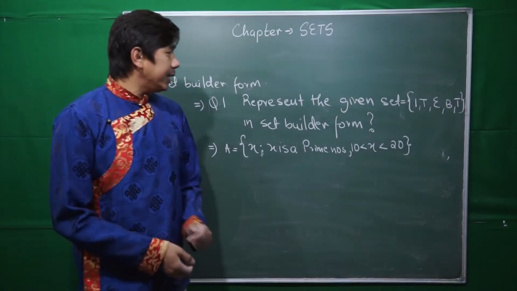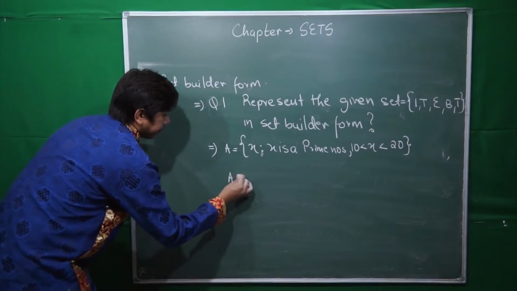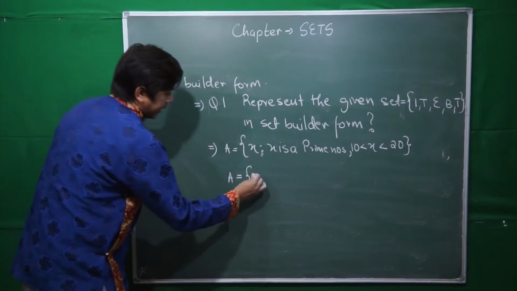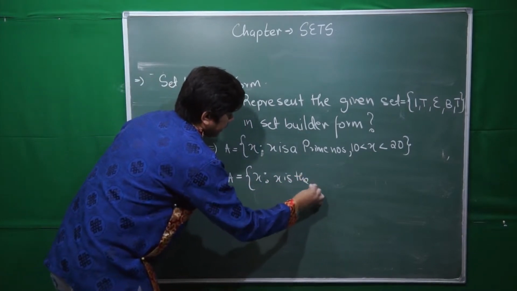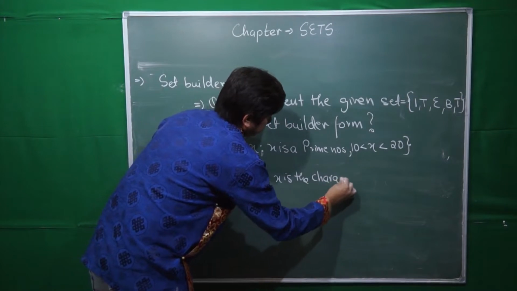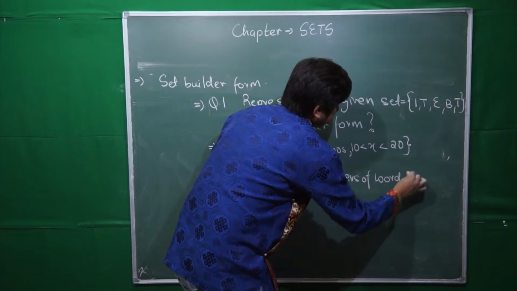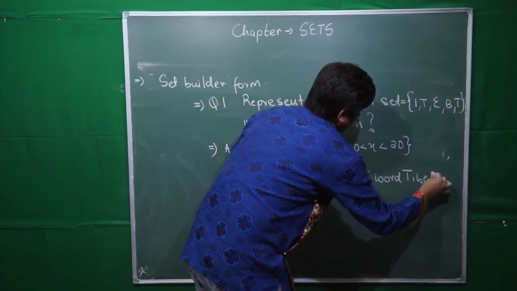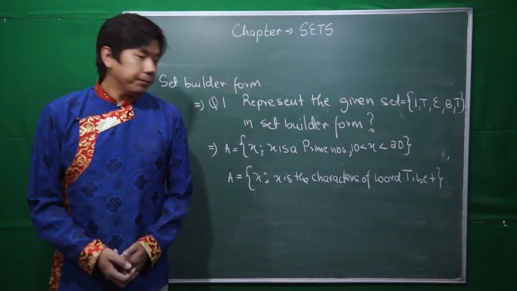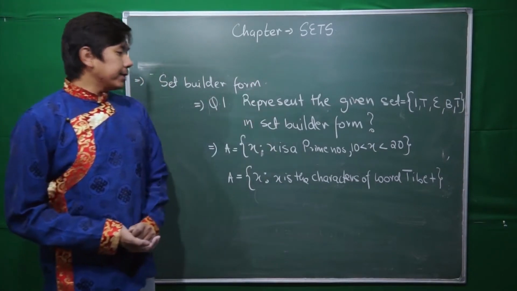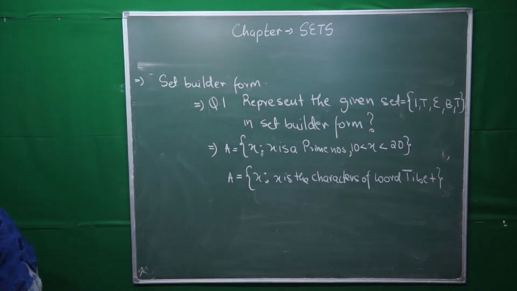I've got I, T, E, B, T. Now this is a set A that has elements X such that X is a character of the word Tibet. Okay. Simple. So this is how we convert a given set into set builder form. Easy.